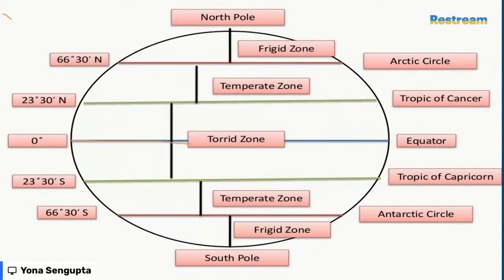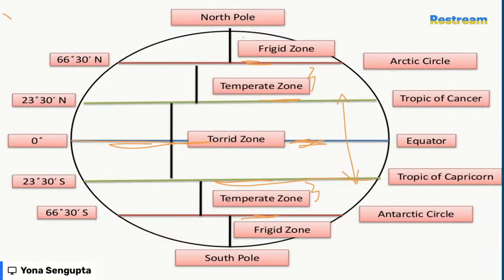This part and this part are known as the temperate zone. It lies between the Tropic of Cancer and the Antarctic Circle in the south, and in the north from the Tropic of Cancer to the Arctic Circle.